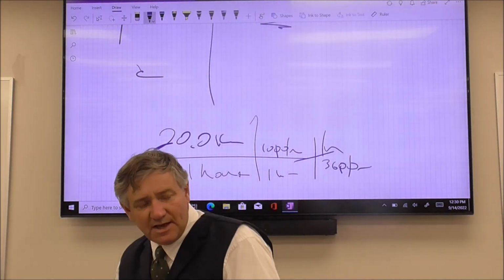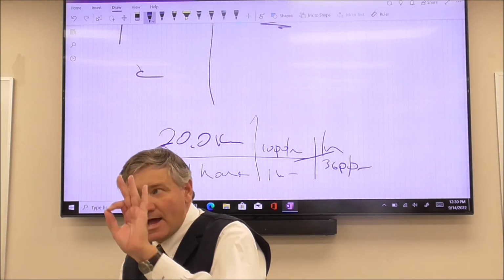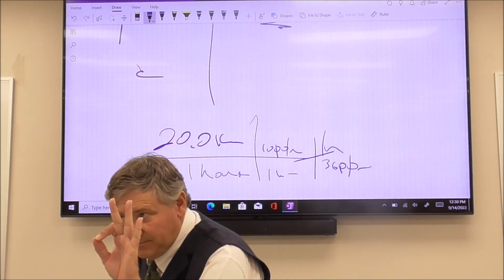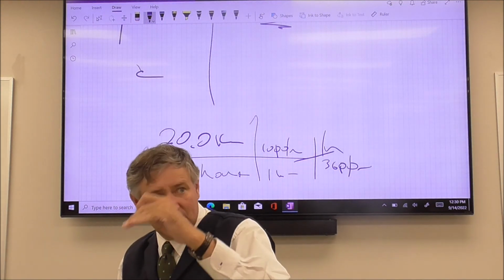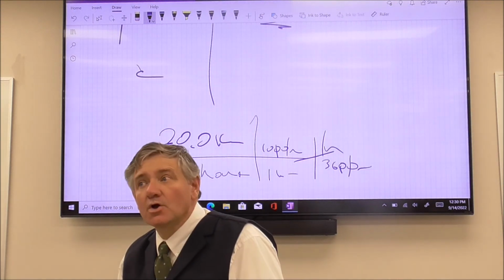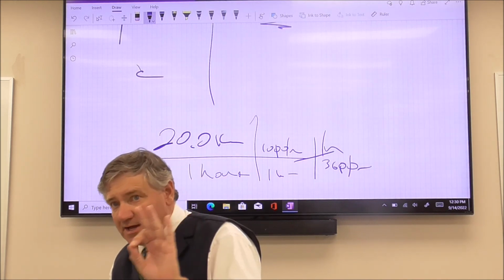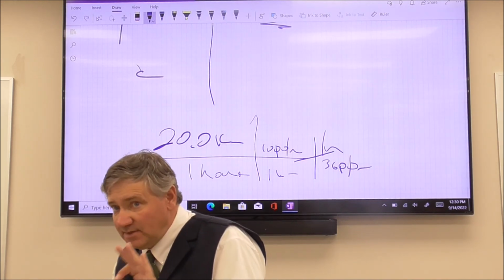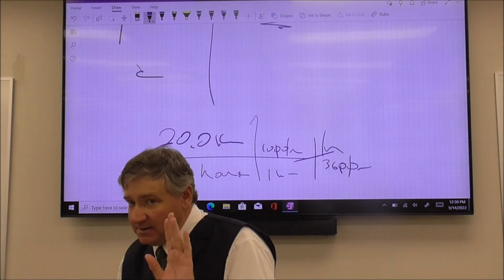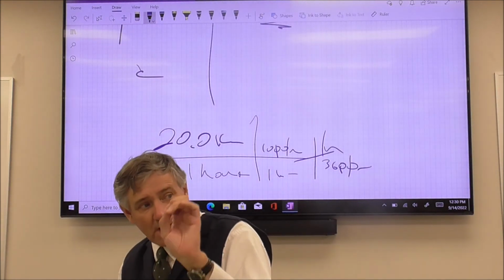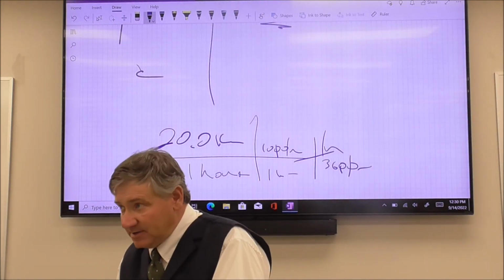Now, notice that that 20.0 has 3 significant digits in it. When you convert that into meters per second, you need to keep at least 3 digits in that conversion. At least 3, maybe 4, but a minimum of 3. Do not round your sub-calculations.